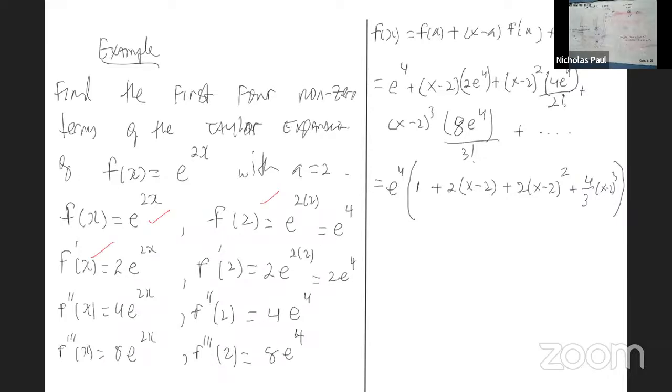First differential, plug in a. Second differential, plug in a. Third differential, plug in a. Right? And then put it into the formula.